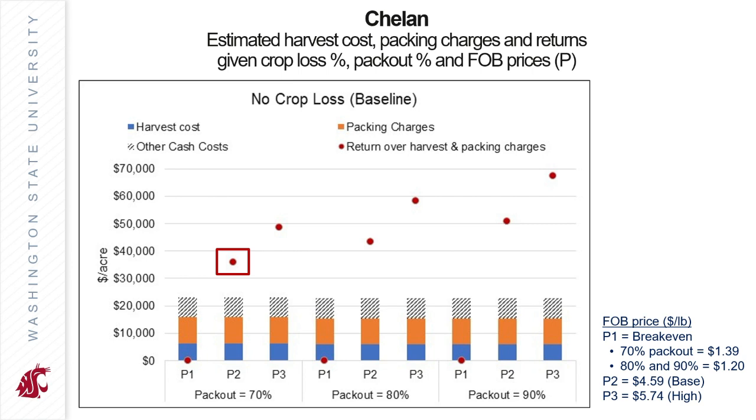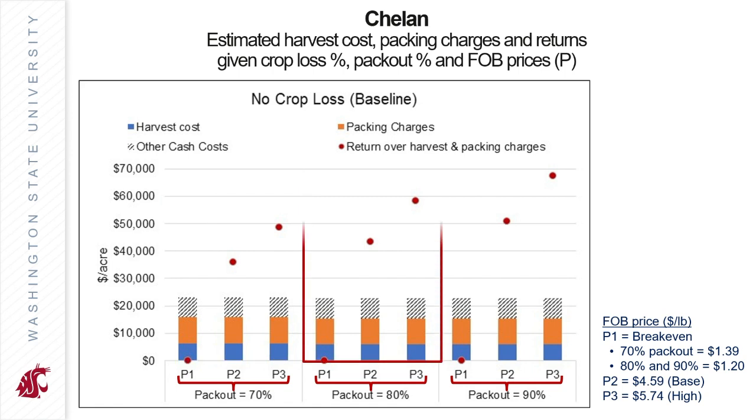The red dot refers to the return over harvest and packing charges. We estimated the costs and returns given different FOB prices, as well as different pack outs of 70%, 80%, and 90%.